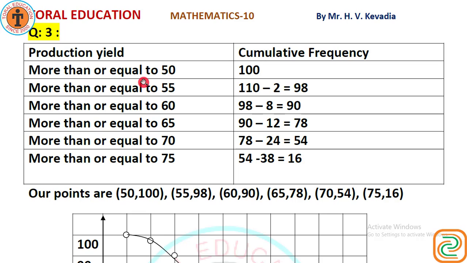More than or equal to 50, that is more than type, because in more than type we will have to take the lower limit. Here 50 to 55, frequency is 2; 55 to 60, frequency is 8; 60 to 65, frequency is 12; 65 to 70, frequency is 24; 70 to 75, frequency 38; and 75 to 80, frequency 16. So the total is 100 farmers.